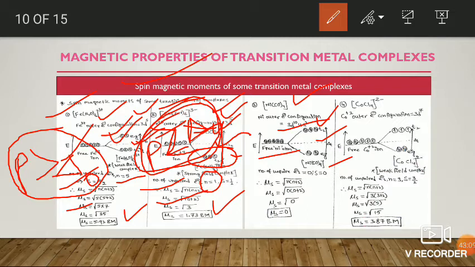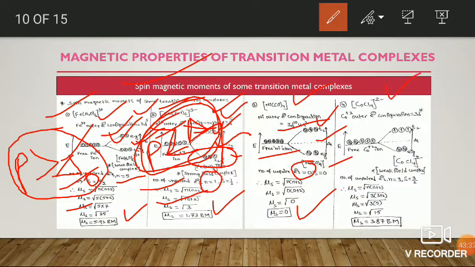After that, the remaining 6 electrons enter into the T2 set. So all the 5 orbitals are completely filled, as in the case of free nickel metal. So there is no unpaired electron. Unpaired electrons is 0, so Bohr magneton is 0. That is, mu s value is 0.